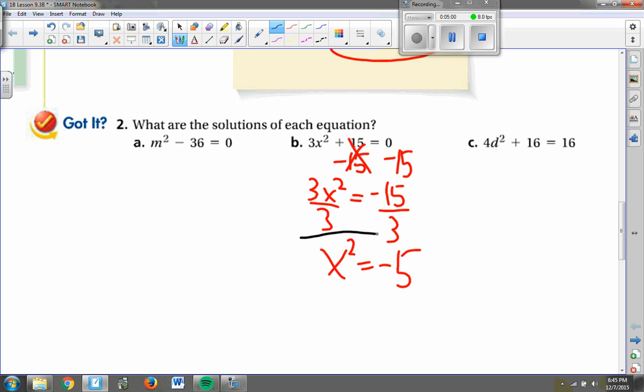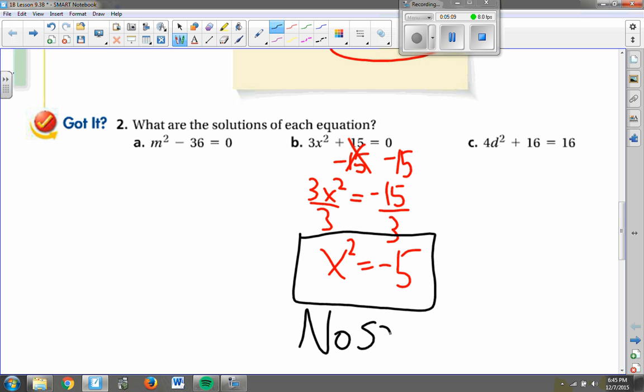So what number could I square to get to negative 5? None of them. No solution. This has no solution because I have x squared equal to a negative 5. No solution if your x squared is equal to a negative number.